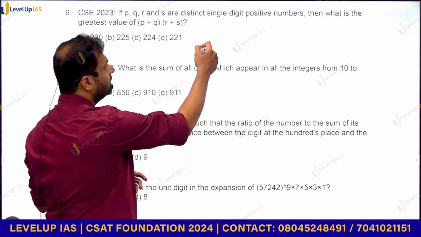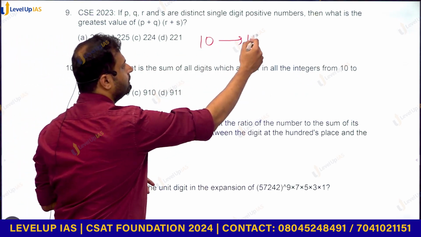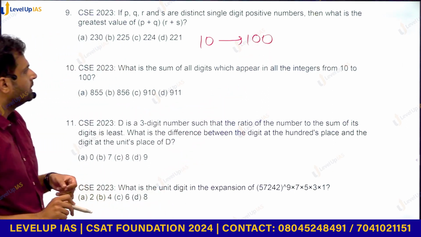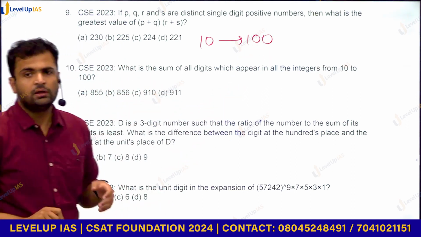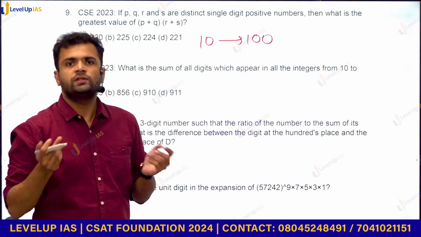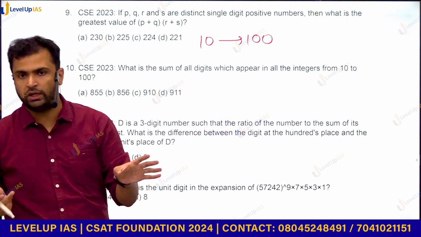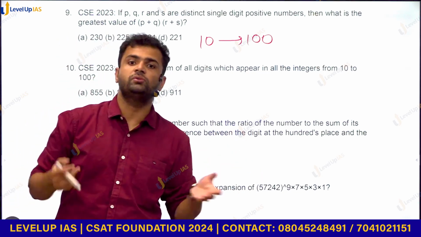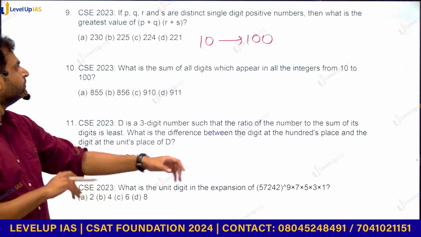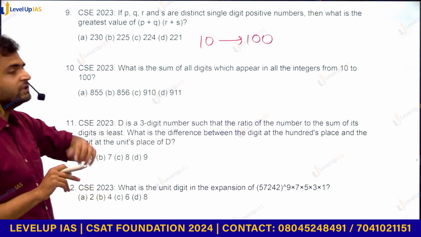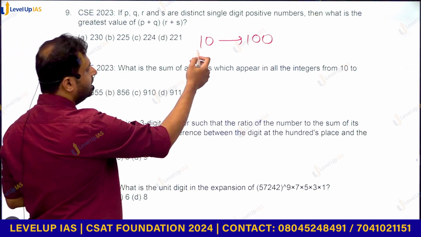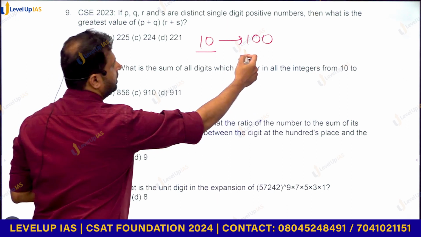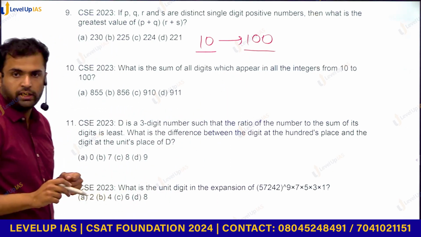So we have integers from 10 to 100, and we want to calculate the sum of the digits. All we have to do is see which digits appear how many times. So how many times does 1 appear, how many times does 2 appear, 3 appear, and so on till 9. 1 will appear in 10, in 100, right?